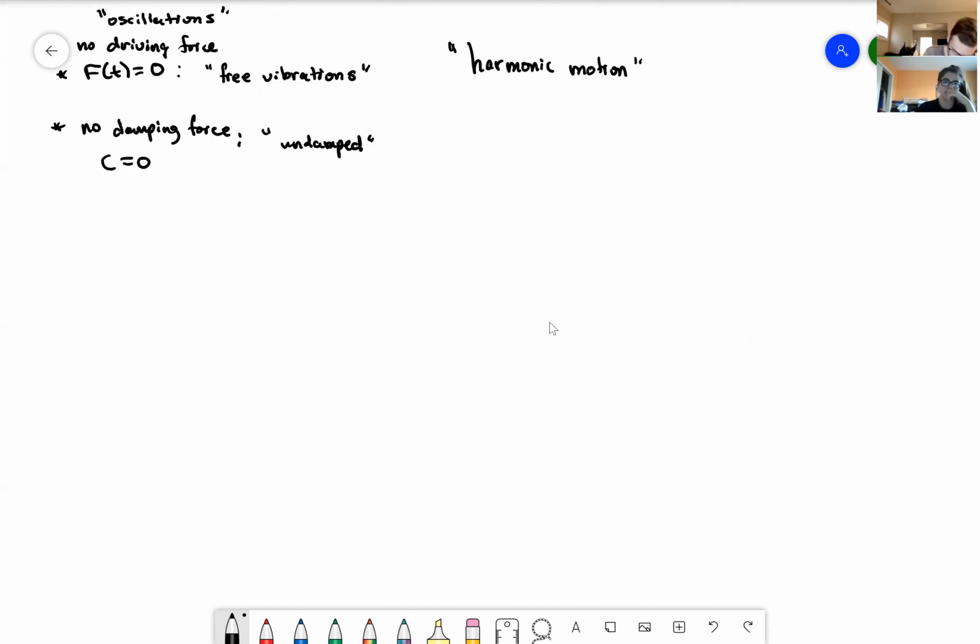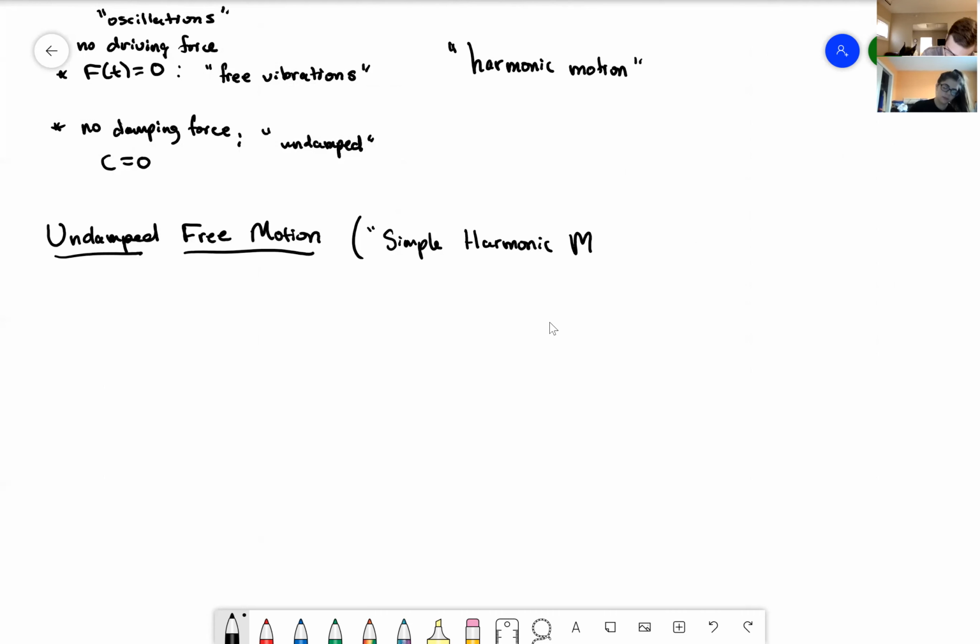And the first and simplest one is what we'll call undamped free motion. So combining both of those special cases that we saw before, or more commonly, this is referred to as simple harmonic motion, or a simple harmonic oscillator.